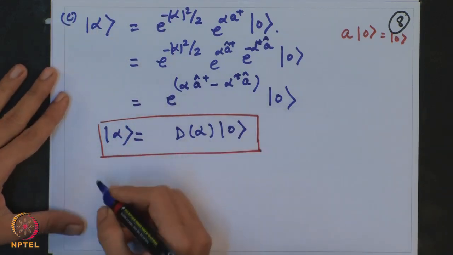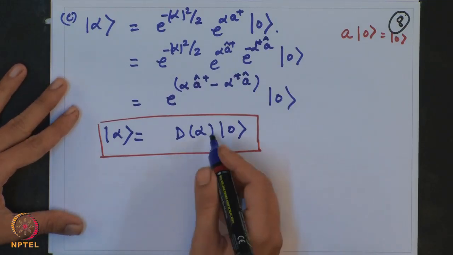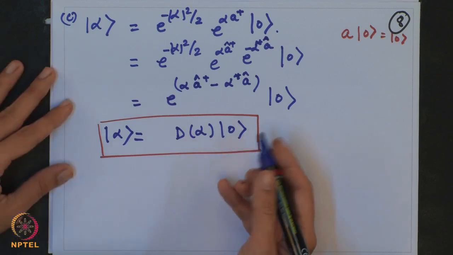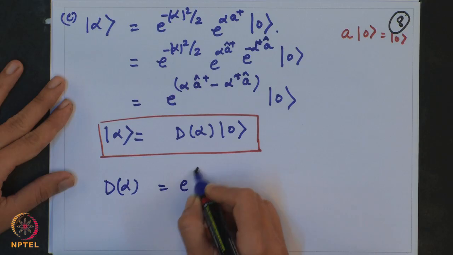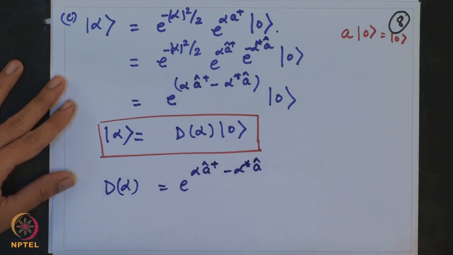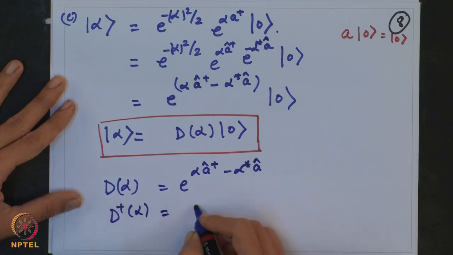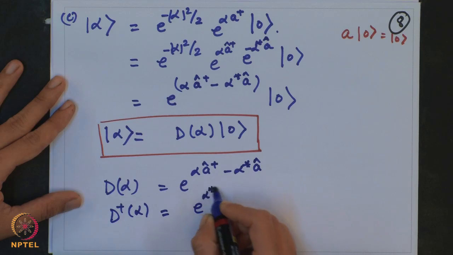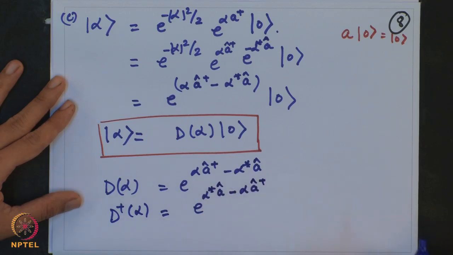And you have to show in this part that the displacement operator is unitary. This is explicitly seen, it is very simple. D alpha is e raised to alpha a dagger minus alpha star a, and d dagger alpha will be e raised to alpha star a minus alpha a dagger.